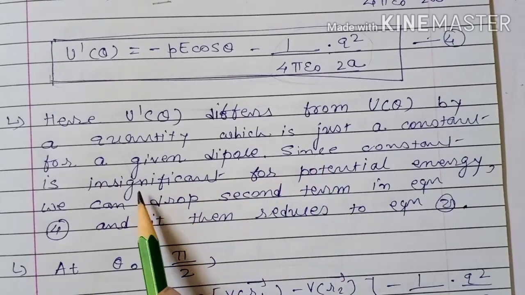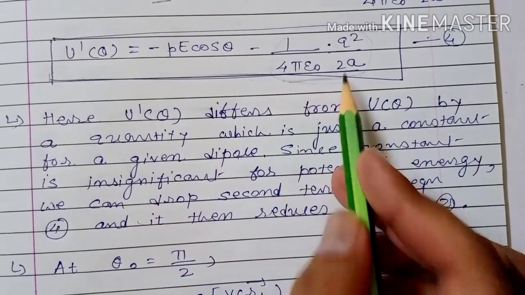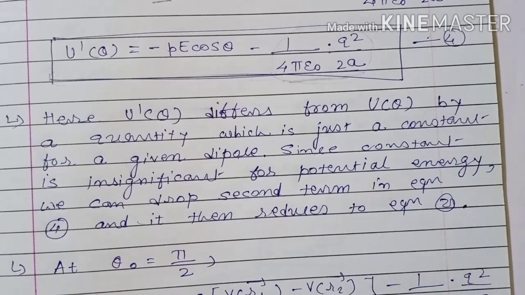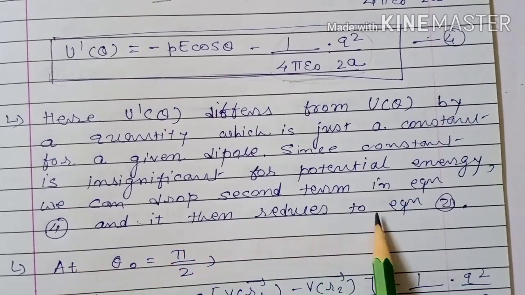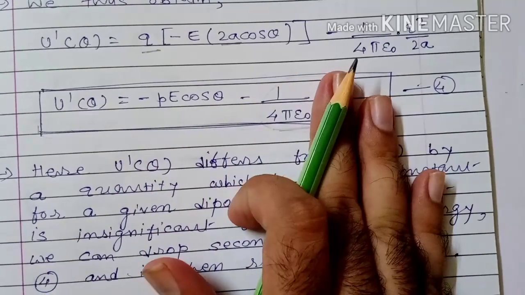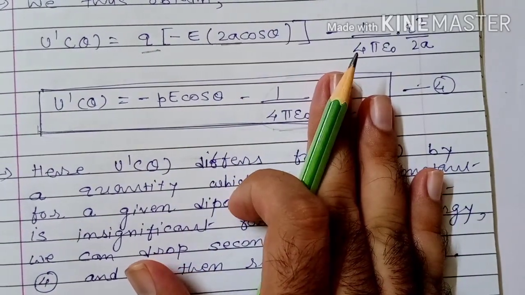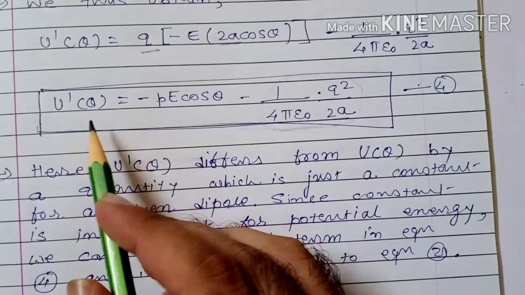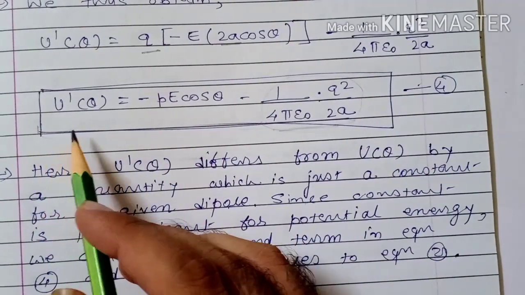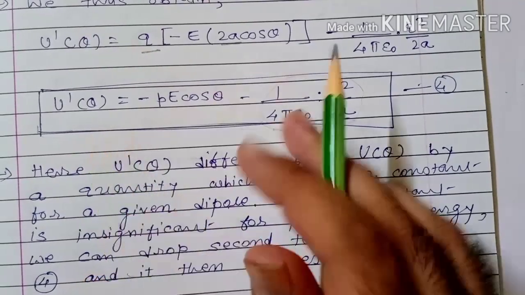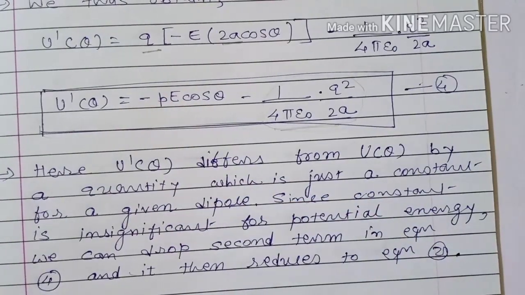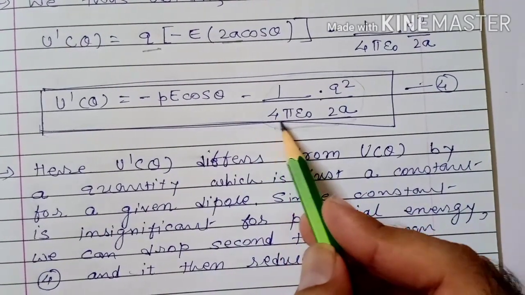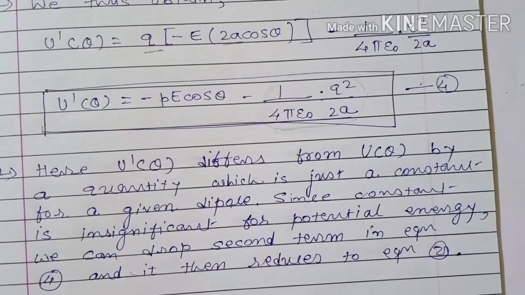And since constant is insignificant for potential energy, we can drop the second term in equation 4 and it then reduces to equation number 2. If we drop this term and compare equation number 3 and 4, then both the equations will be same. There we were getting u theta is equal to minus pE cos theta, and here also if we drop this term, then we will get u theta is equal to minus pE cos theta. We can drop this term because this is constant.